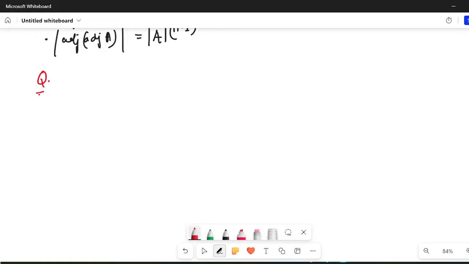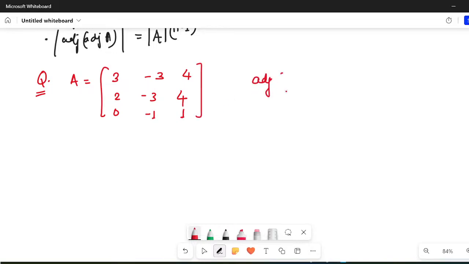So for example, if someone asks you in the exam that A is given to you as the matrix with rows 3, minus 3, 4; 2, minus 3, 4; and 0, minus 1, 1, and asks you to find adjoint A, how are we going to achieve it?